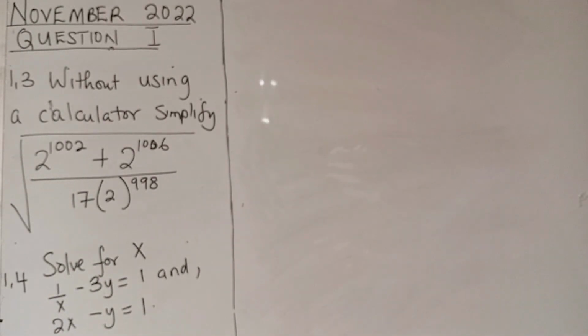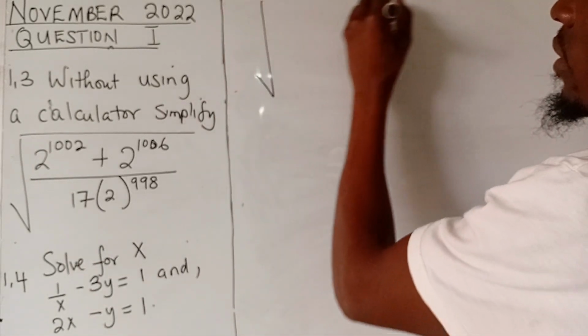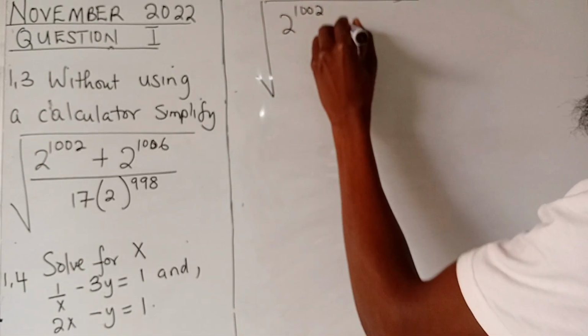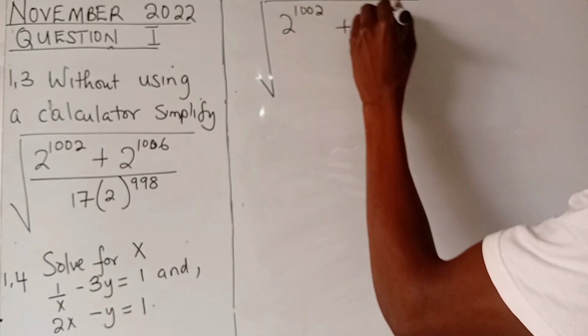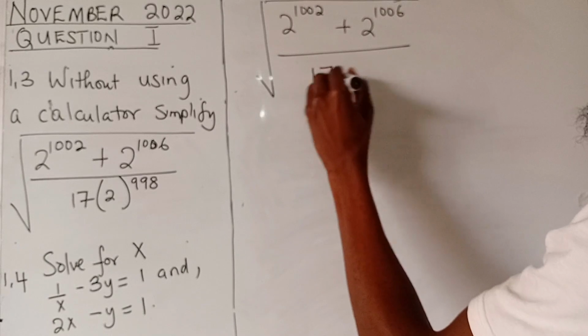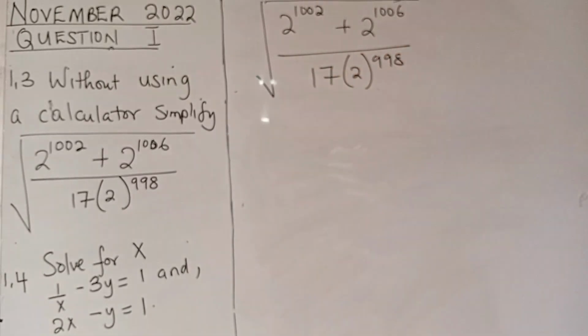So we proceed to question 1.3, in which they are saying without using a calculator, simplify the square root of 2 to the power 1002 plus 2 to the power 1006 over 17 bracket 2 to the power 998.